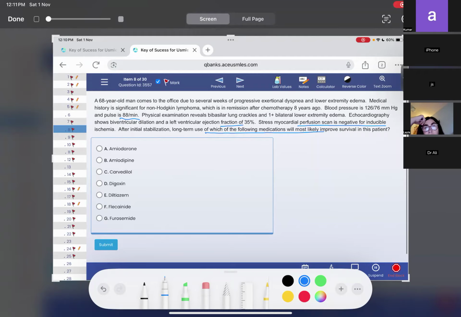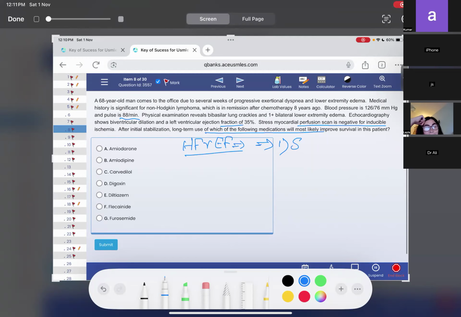Now you're going to tell me, doctor, that I have already told you that with heart failure with reduced ejection fraction, which of the following medications should be used? Now you're going to tell me one by one.